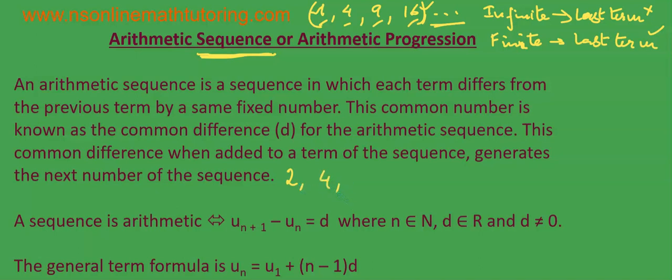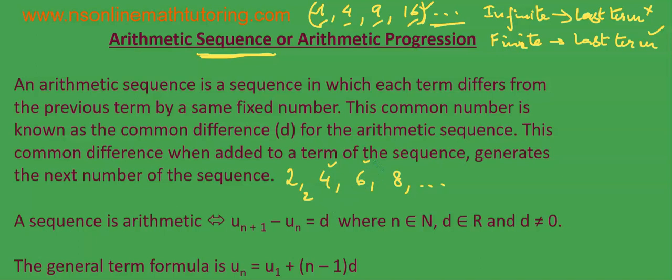2, 4, 6, 8, dot dot dot, another infinite sequence. And they are saying an arithmetic sequence is a sequence in which each term differs from the previous term by the same fixed number. Okay, so if I take the second term, it differs from the first term by the number 2. 4 minus 2 is equal to 2.